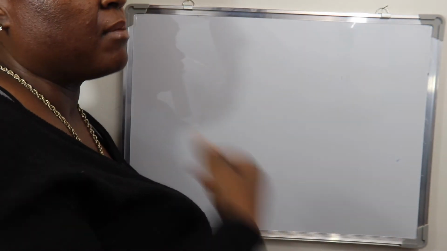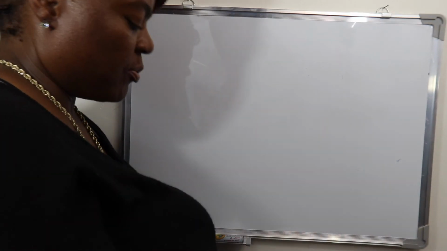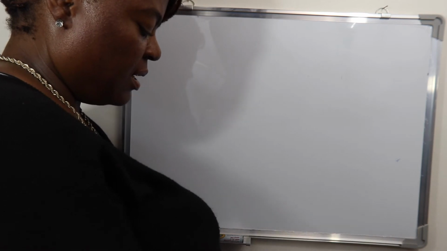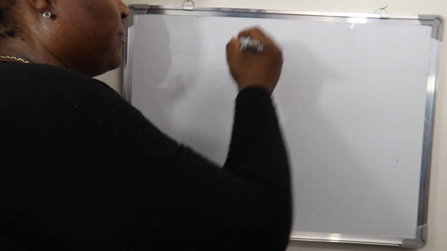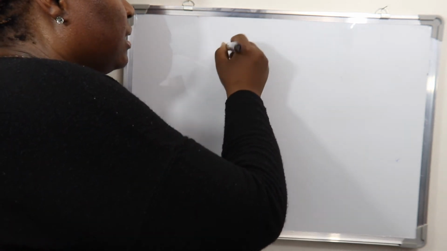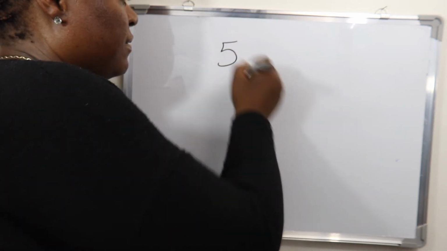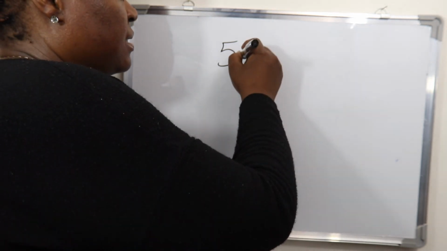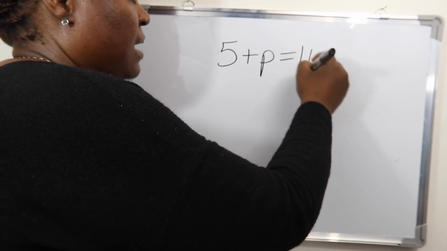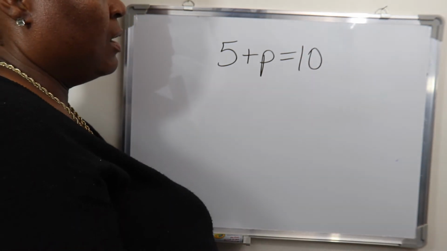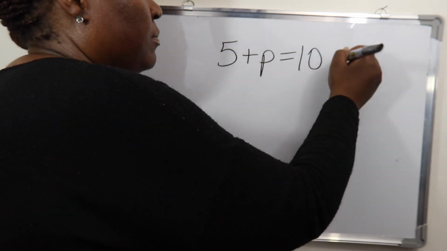Let's try another problem. I know that algebra is challenging, you know. 9th graders, they get very upset with algebra. So this time we're going to look at positive 5 plus the variable p equals positive 10. We still want to isolate variable.